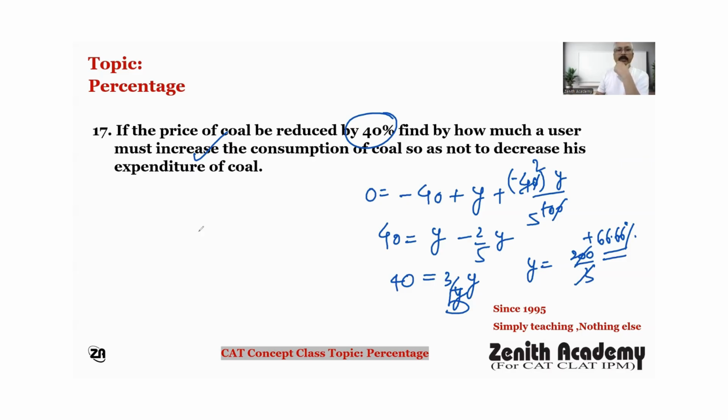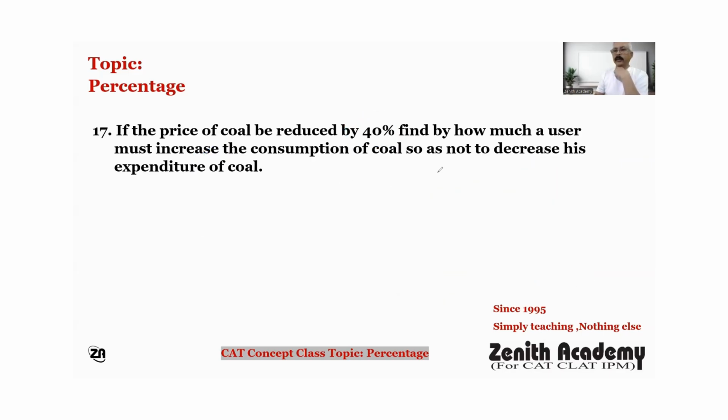And suppose you were spending 100 rupees on coal, but first it is reduced 40%. So now you can buy the same amount in rupees 60. But you don't want to alter your expenditure. You still want to spend the whole 100 rupees.